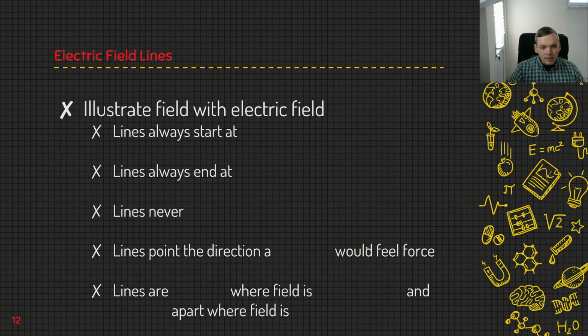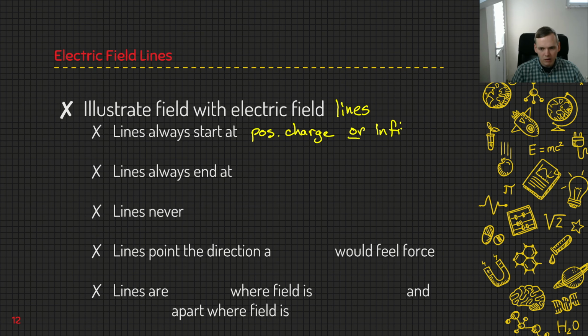In order to illustrate an electric field, we use electric field lines. This will make sense once you see an example, but I want to lay out the rules for drawing lines here so you've got them as a reference. Lines always start at a positive charge or infinity.